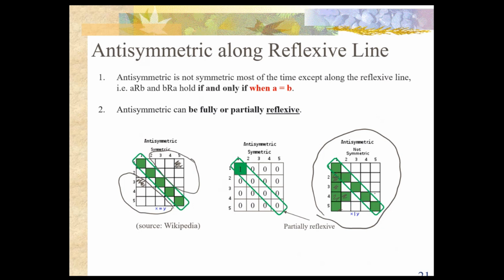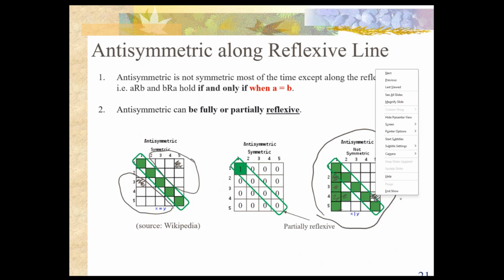Now, what if I shade this part, suggesting that there is a relation for cell 4, 5. Does this modification make the anti-symmetry property invalid? The answer is no, because you see, 4, 5, does it have an equivalent counterpart in 5, 4? No, right? So it's still anti-symmetry.